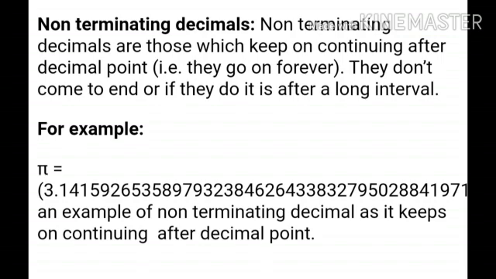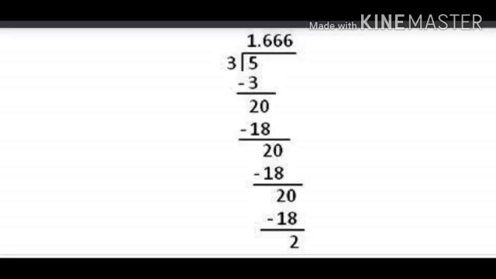Now, non-terminating decimals are those which keep on continuing after the decimal point. That is, they go on forever. They don't come to an end. Let's see this with an example.